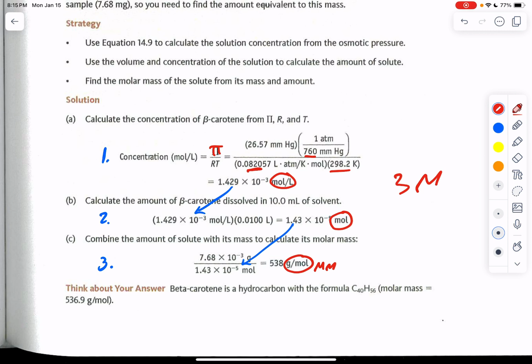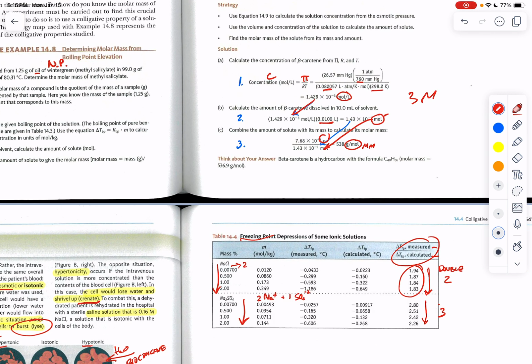In this situation we often use C for concentration instead of capital M for the molarity. Once I have my molarity, I plug that in down here, multiply by the volume, and I get my moles. And then I take my moles and divide it into the mass that's given to me to get my molar mass, 538. And that's it for osmotic pressure.